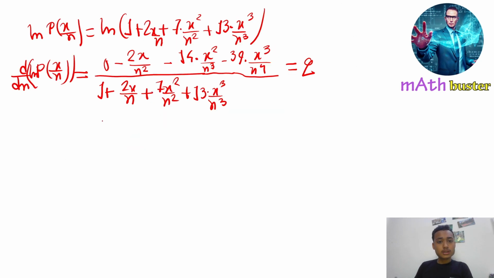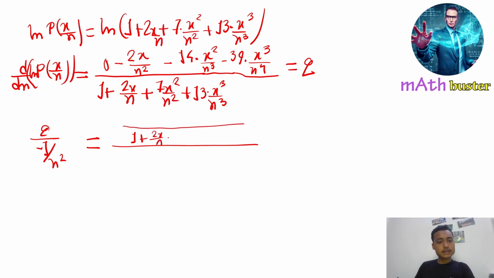Now, what is q by minus 1 by n squared? This is equal to 1 plus twice x by n plus 7x squared by n squared plus 13 into x cubed by n cubed, divided by minus 1 by n squared. And here, twice x by n squared minus 14 into x squared by n cubed minus 39 into x cubed by n to the power 4.